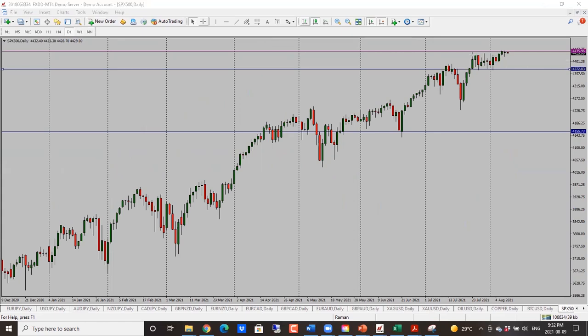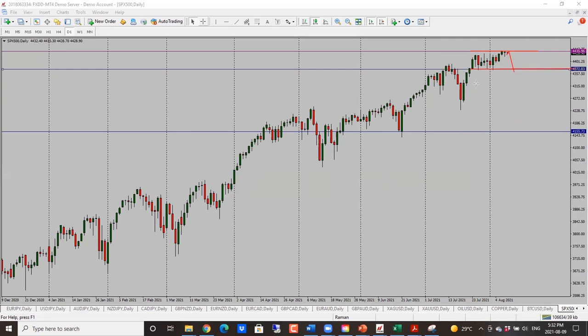S&P 500, not much of a move here. Now, if there are concerns around tightening in the monetary policy, or if the comments continue to come up in regards to tightening of the monetary policy, which means cutting back on the money that is being sent into the market, that could be bearish for the stock market.